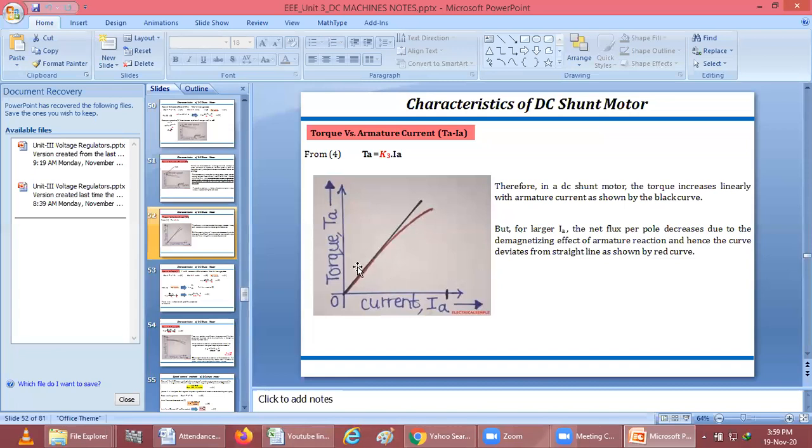You can see I have drawn it by the red line. So for larger IA, the net flux per pole decreases due to the demagnetizing effect of the armature. Hence, the curve deviates. It decreases some amount from the straight line, as shown in the curve.